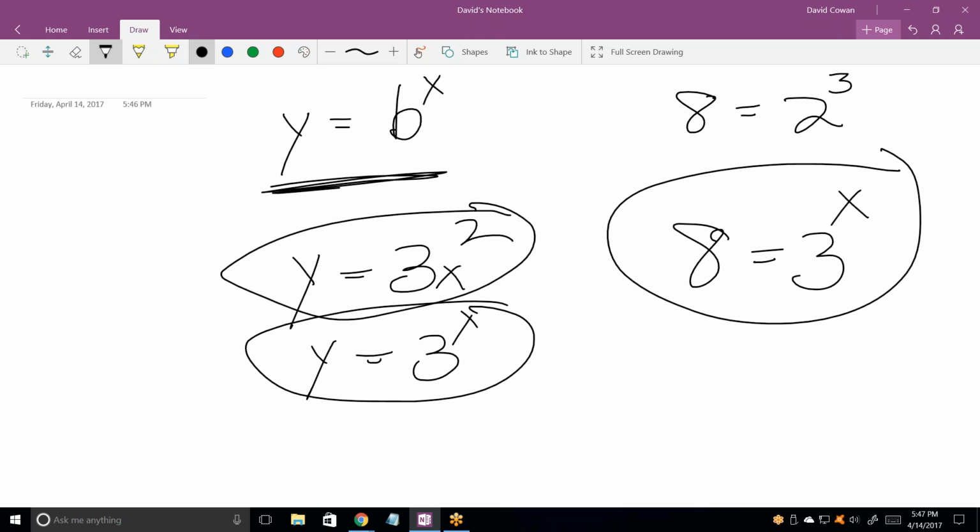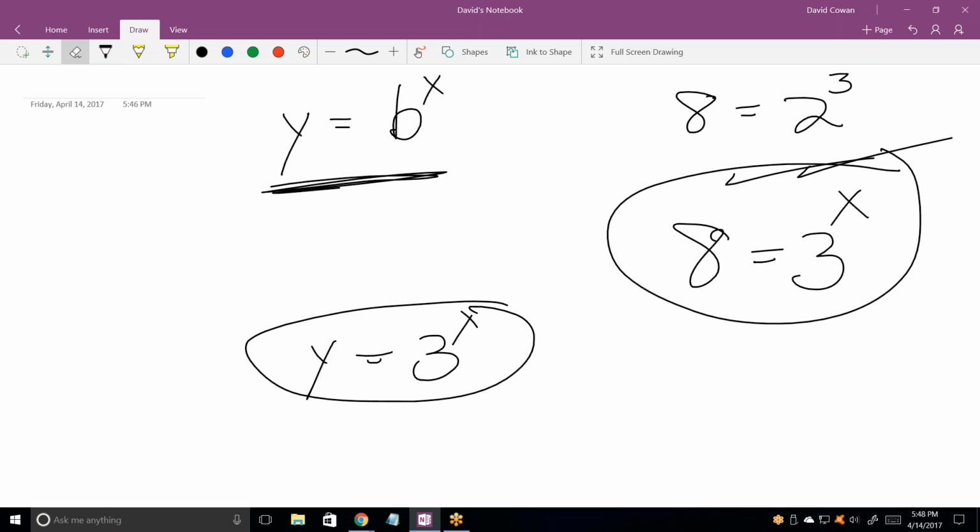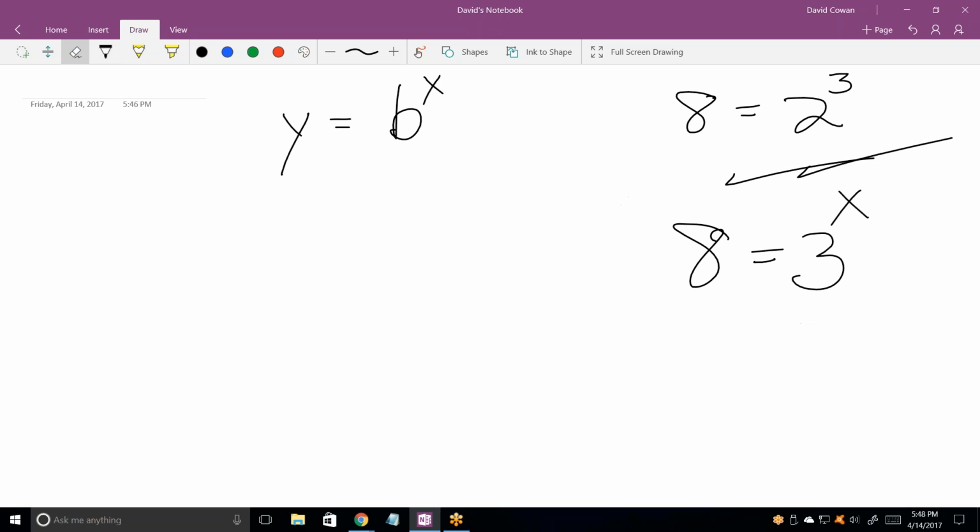Well, I have a way, but it involves logarithms. I cannot solve this algebraically, not even on a calculator. You can't go to your calculator and come up with the x value on this. So exponential expressions are in themselves impossible to solve algebraically. So first of all, that's what differentiates an exponential expression from an algebraic one.